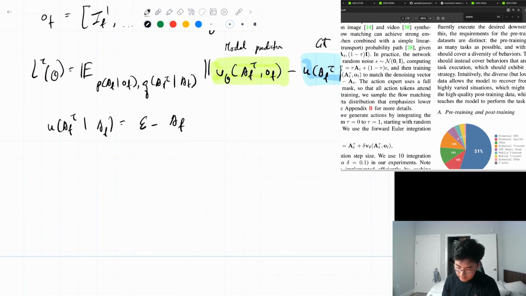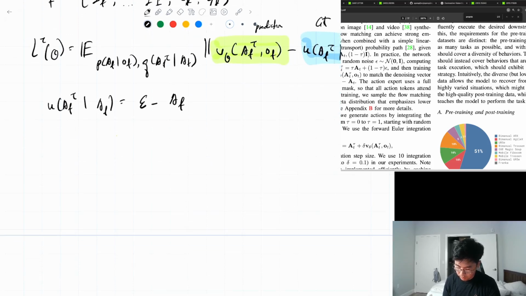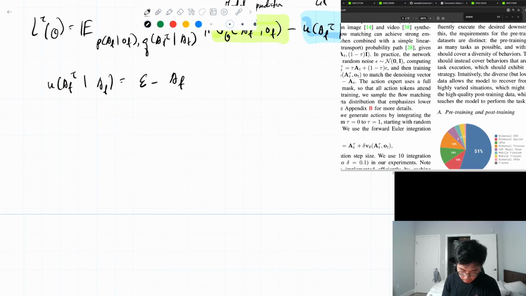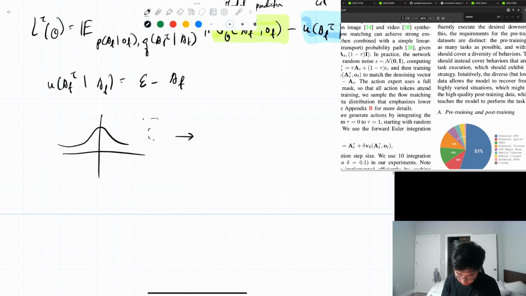Okay, so first let's get some background on how diffusion works. In diffusion, we sample from a Gaussian distribution, so we sample some noise. And then we have some ground truth. Let's say our ground truth is this perfect circle.